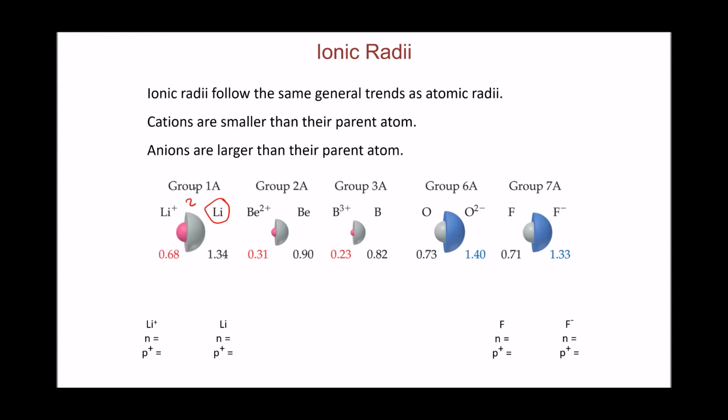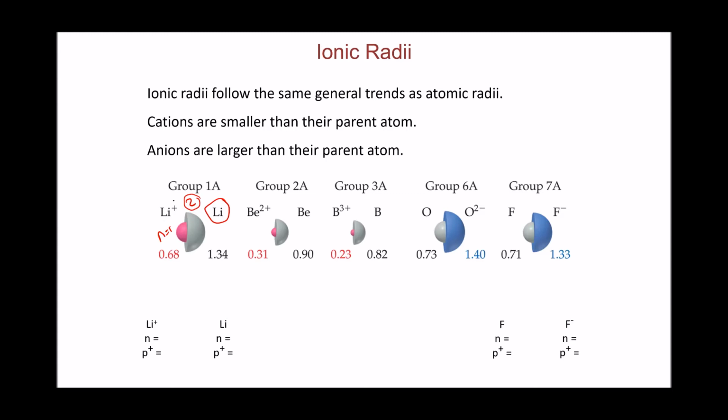But when it gets ionized, it will lose the electron in that energy level and go to a valence shell that is energy level 1. So the size is now determined by the electrons in energy level 1, which are much closer to the nucleus, which means it's going to be much smaller in size.